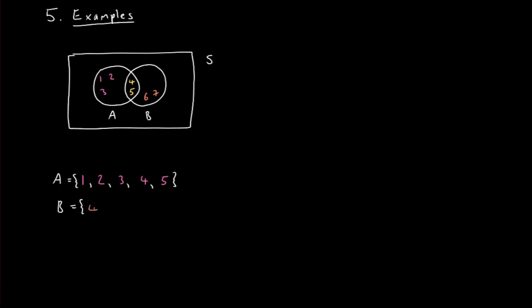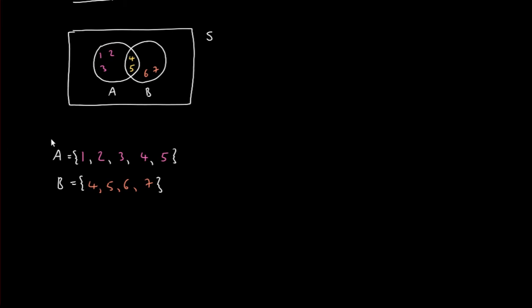So it was 4, 5, 6, and 7. Very good. So now, what? Well, it's worth inspecting where they overlap, and they overlap again at 4 and 5. It's quite clear what's going on here because the Venn diagram spelt all of the answers out for us.